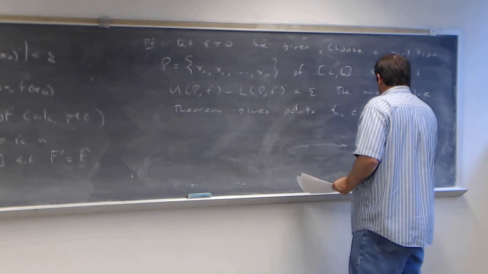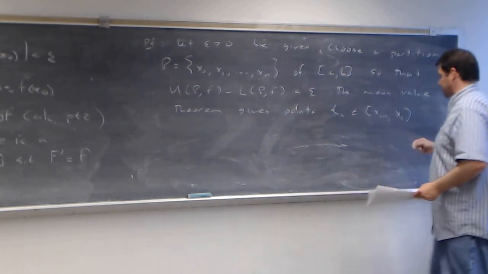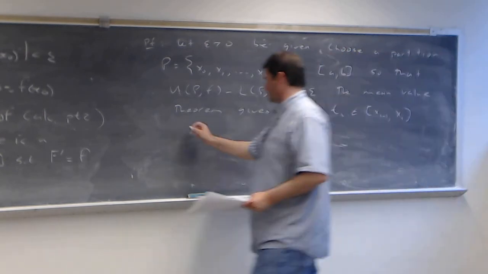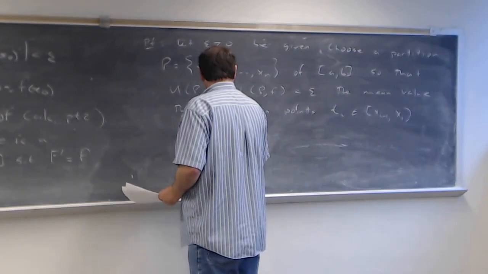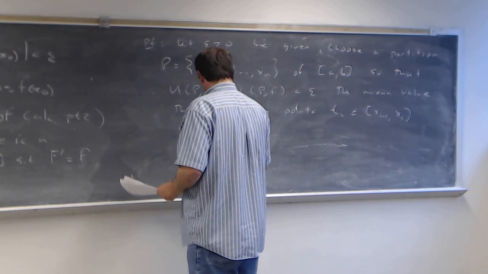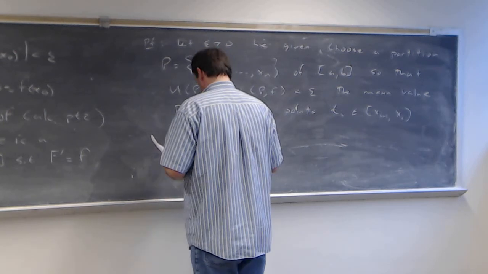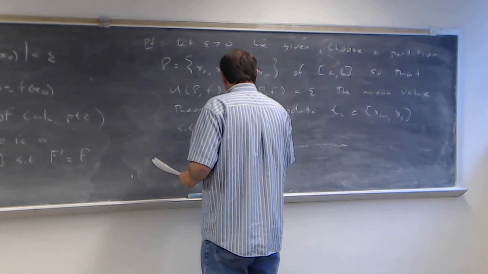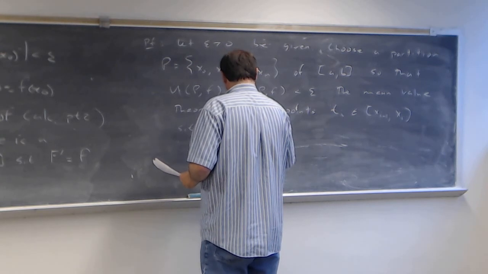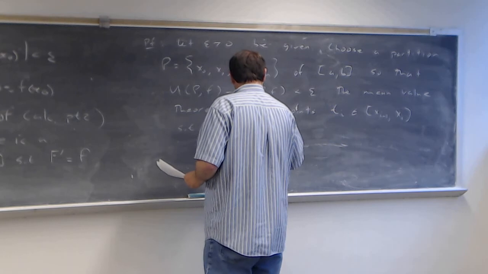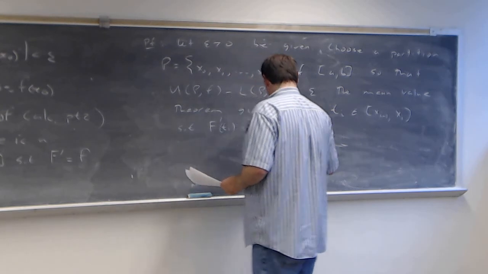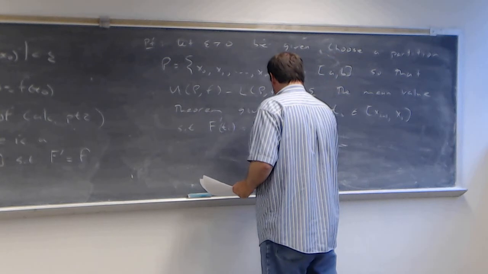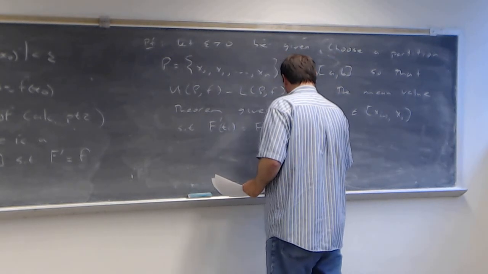They're in the subinterval from x sub i minus 1 up to x sub i of our partition. So I'm thinking about big F. Such that big F prime of t sub i equals big F of x sub i minus big F of x sub i minus 1 all over this x sub i minus x sub i minus 1.